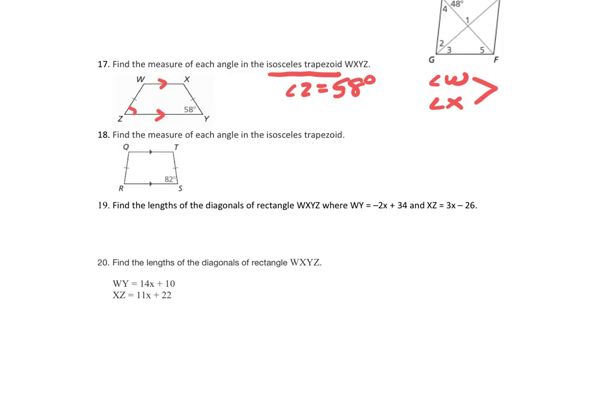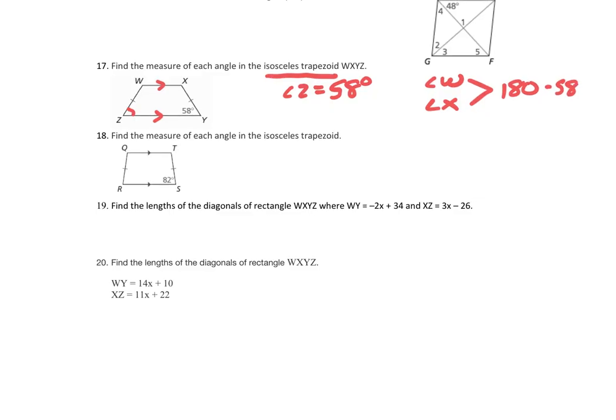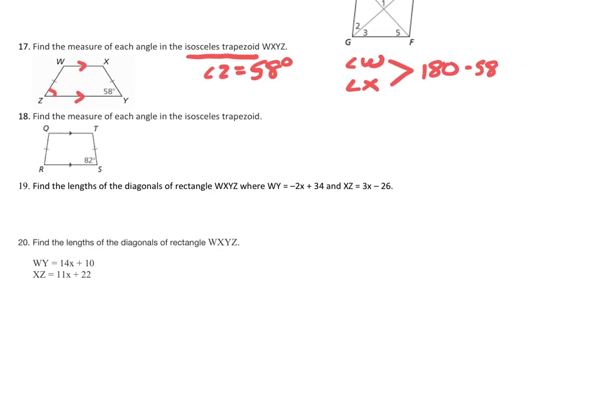What do they form? They're supplementary. Yep, they're same side interior, right? So I could do 180 minus 58. And that leaves me 122. Both W and X will be 122 degrees.